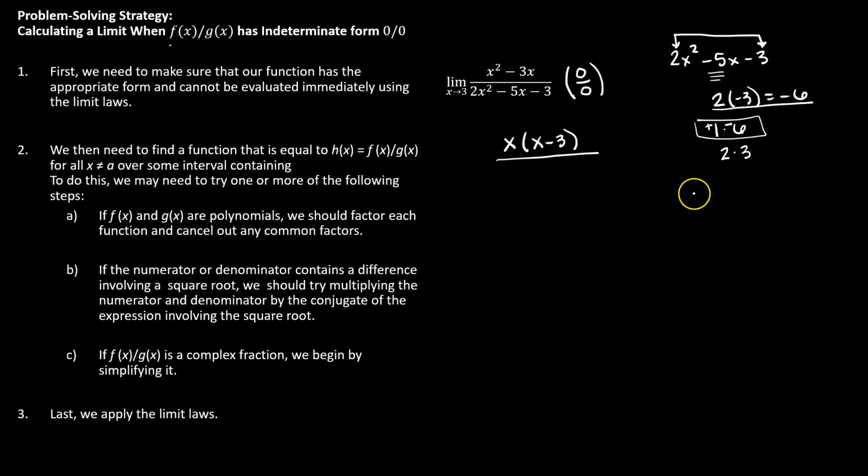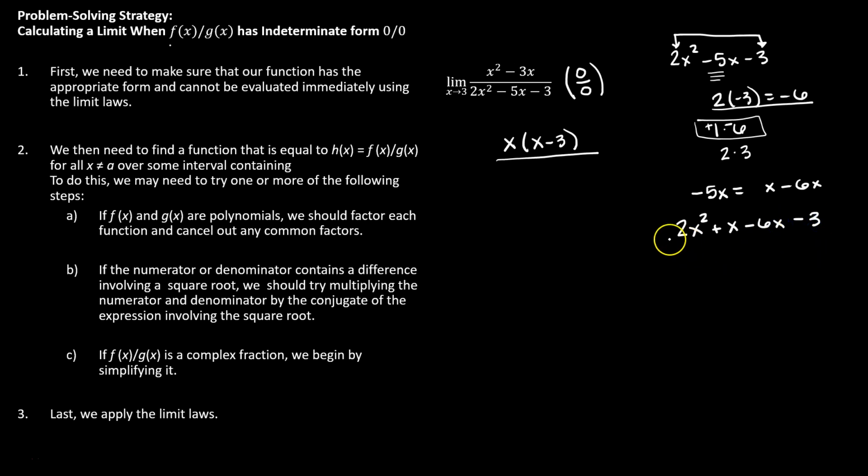So I'm basically going to replace the negative 5x with a positive 1x and a negative 6x, because those things are equivalent. So I'll rewrite my trinomial with an x minus 6x in the middle instead of the 5x.